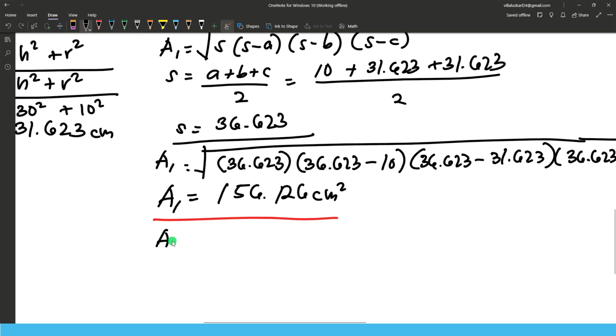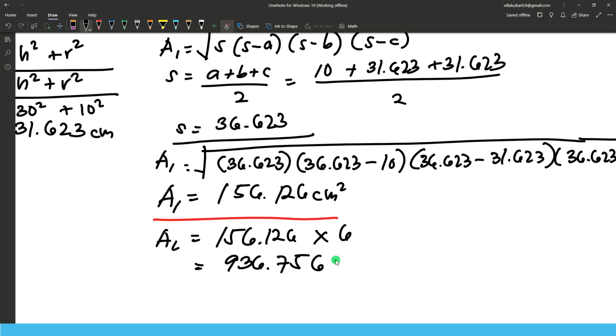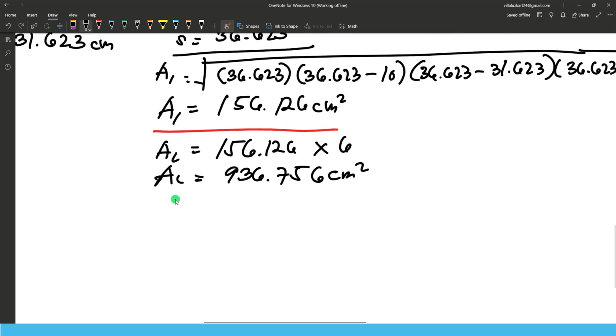So the total lateral area is 156.126 multiplied by 6 sides, which is equal to 936.756 square centimeters. What is required here is the total surface area. So total surface area is the area of the base plus the lateral area.